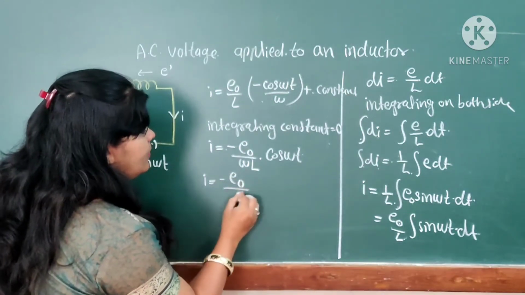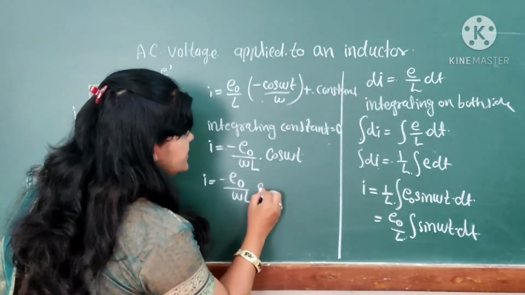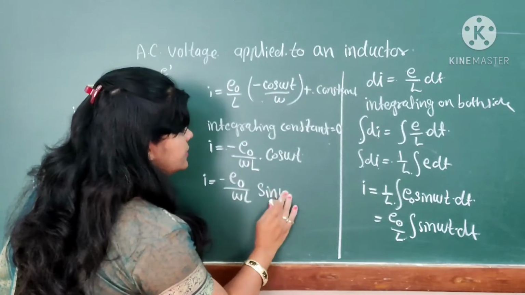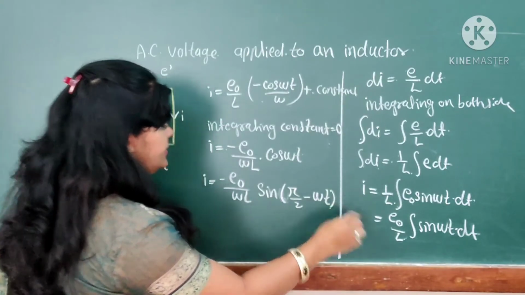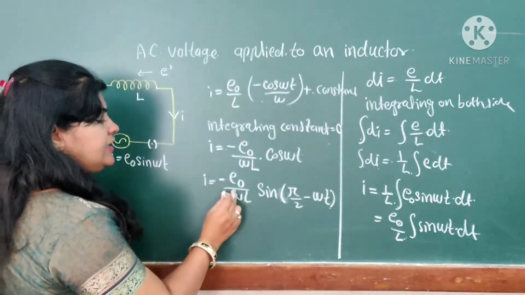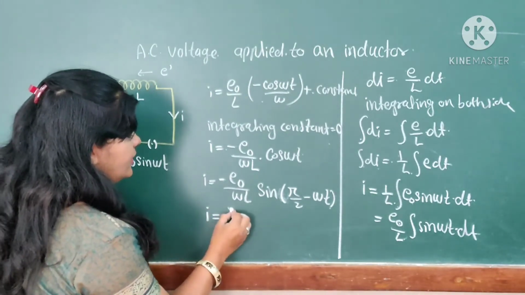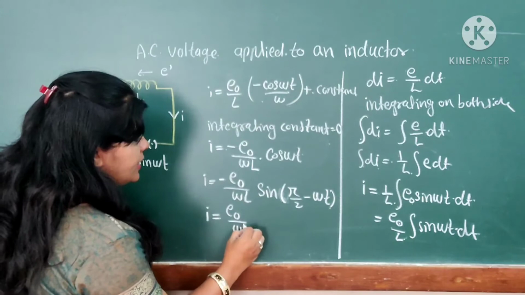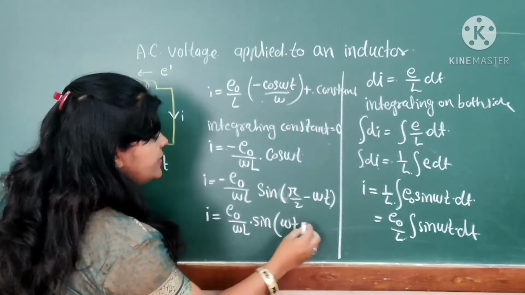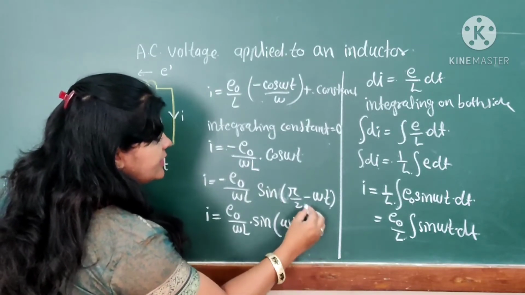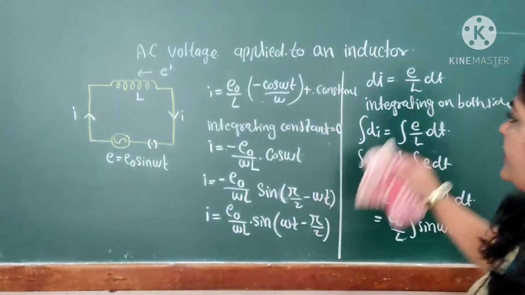So for minus E0 upon ωL, the cos function is converted into a sine function with angle π by 2 minus ωt. Due to the minus sign, the angle inside the bracket becomes negative, so I is equal to E0 upon ωL into sin of (ωt minus π by 2). We got the next equation.